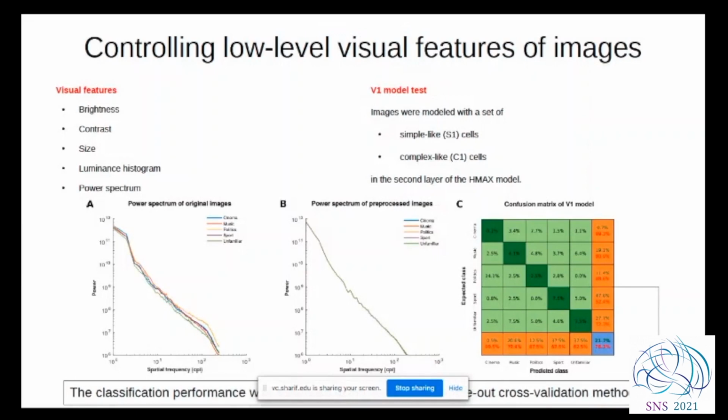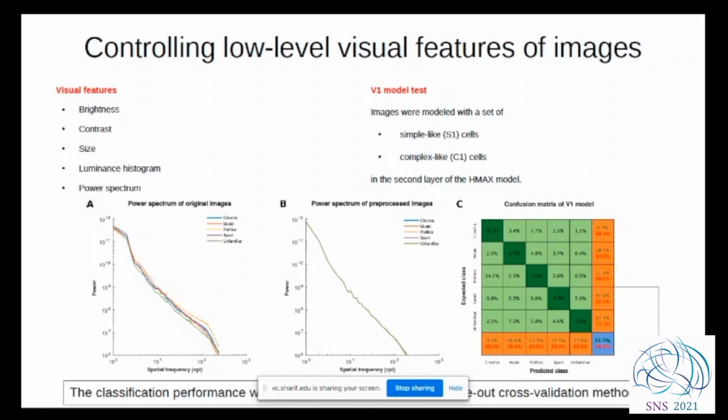Because we are going to do a multivariate pattern analysis to see which parts of the brain contain information about these faces, it's quite important to control for low-level visual features. Otherwise, you may find a region of the brain which can classify these faces, but that classification might be just because of low-level factors.